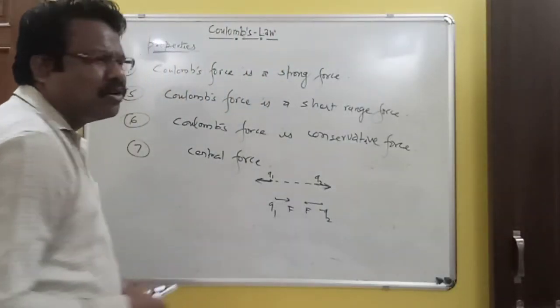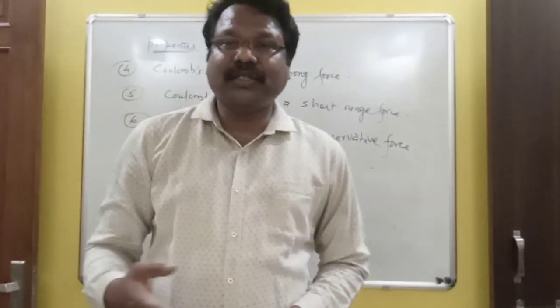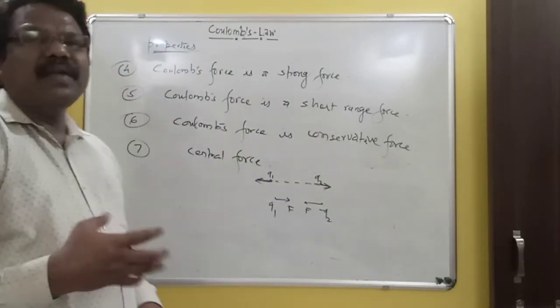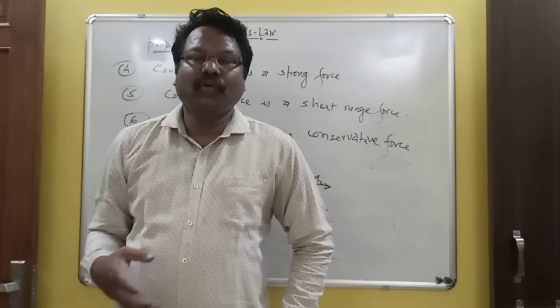Okay, central force. और जितने भी central force होते हैं वो जनरली इनवर्स स्क्वायर लॉ को फॉलो करते हैं. Okay, so these are some very important properties of what Coulomb's force.